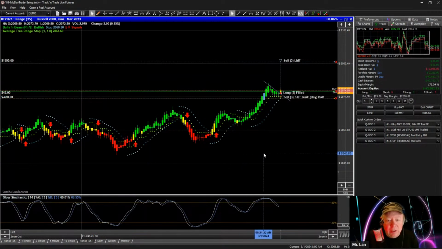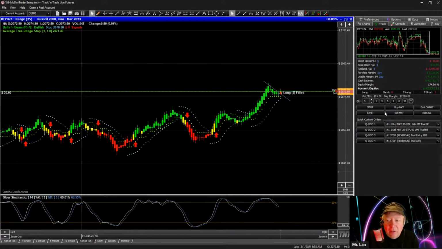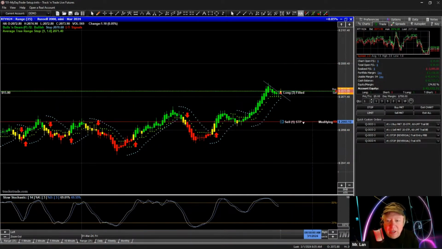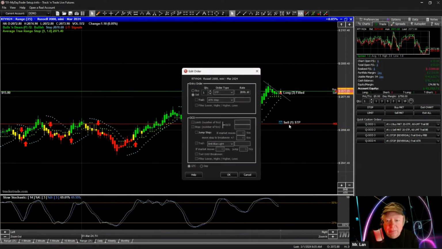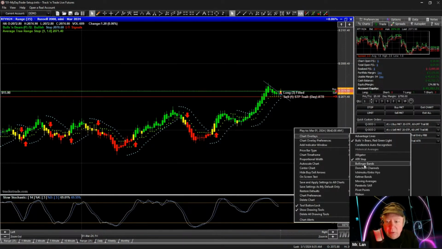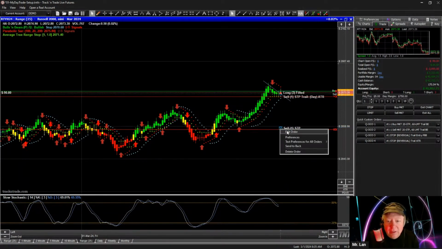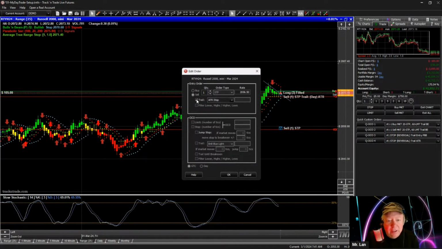So we trade multiple contracts, right? So we're in with 3, so we get rid of this, and we come in here and we'll put 1 stop, and we'll trail on the ATR, and chart overlay, we'll go with parabolic SAR, and then we'll go stop, and we drop 1 on the blue light, trail on the blue light, bulls and bears blue light.